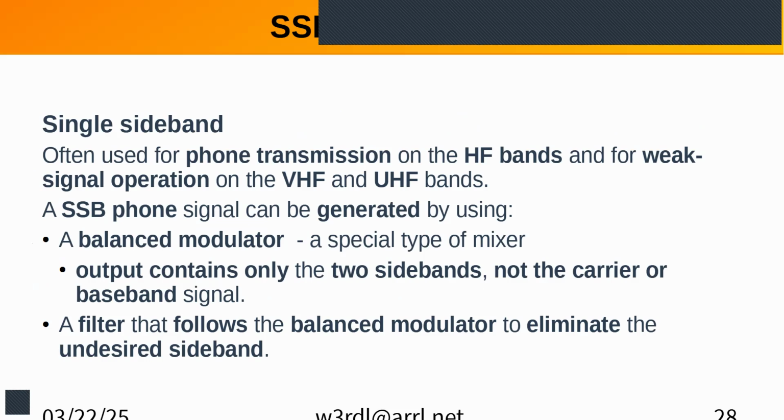So all you get out is the two sidebands, basically the sum and difference without the carrier. And then you have to get rid of one of them, either by filtering or doing I and Q and eliminating them by subtraction or addition, should be.